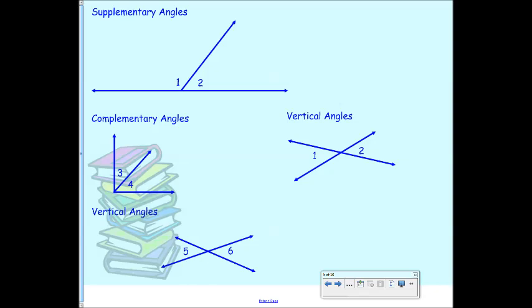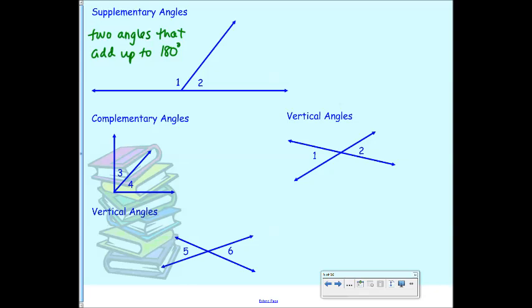Perfect. So it's 2 angles that add up to 180 degrees. Now you're looking at that and thinking that's not any different than a linear pair, right? Because right there that looks a lot like a linear pair. Supplementary angles do not have to be next to each other.